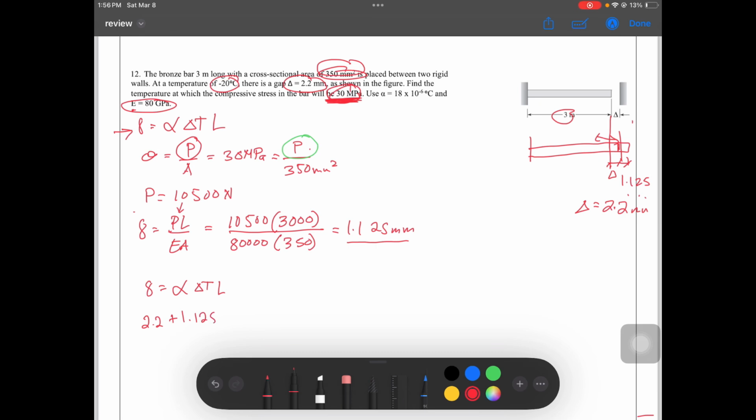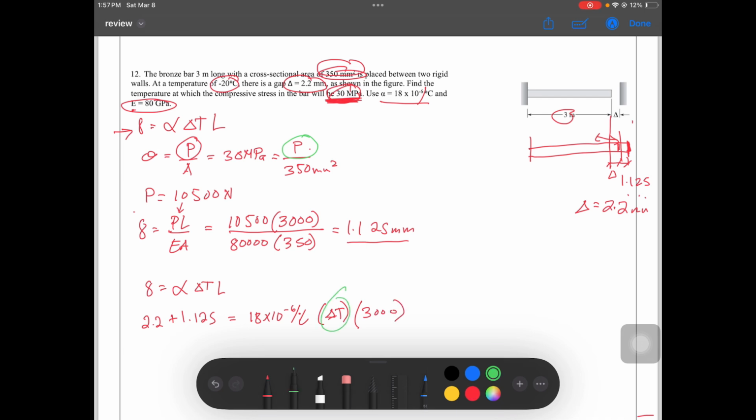Plus si 1.125 equal to, what is our alpha? It is 18 times 10 raised to negative 6 per degree Celsius. And then, what is our change in temperature? Ito yung hindi natin alam. Anong temperature natin mapapausog itong bar natin hanggang dito sa 1.125 na to. And then, L. What is the length? From a 3 meter length niya. So, gawin natin siyang mm. So, that is 3,000.